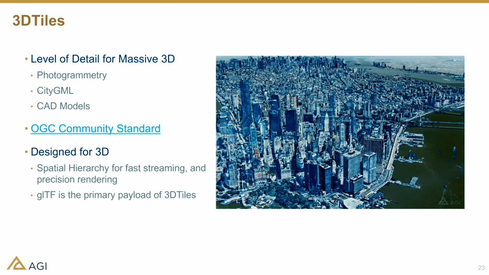Something unique to STK, which we added in 11.6: if you had a CAD model, let's say of one of your satellites or the International Space Station, you can, through the Connect command, add a tile set and put it in whatever reference frame you'd like. That means you could attach it to the body frame of a satellite, and it'll follow the satellite. The levels of detail will res in as it passes you and res out, and you'll hit the lower level of detail as it drifts away from you.